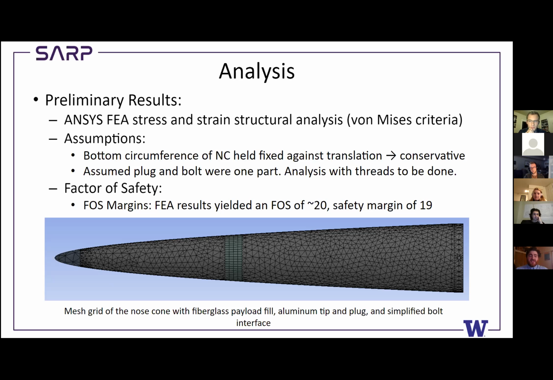Eventually we will be doing analysis with threads once we can figure out how to either minimize the number of nodes, or get access to a license that will allow us to perform an analysis with more nodes. Some boundary conditions: there was really only one, and that was the bottom circumference of the nose cone being fixed against translation. This is a very conservative assumption as well, because we don't actually calculate the acceleration of the nose cone, which is what is acting against the tip.